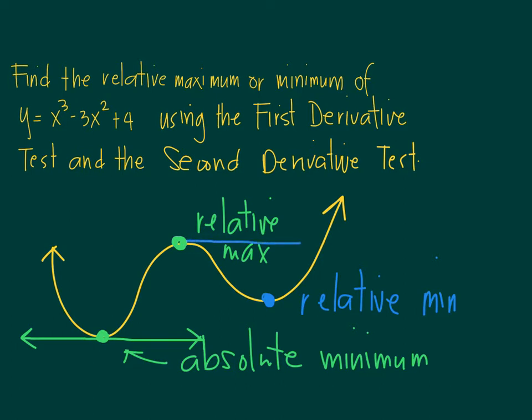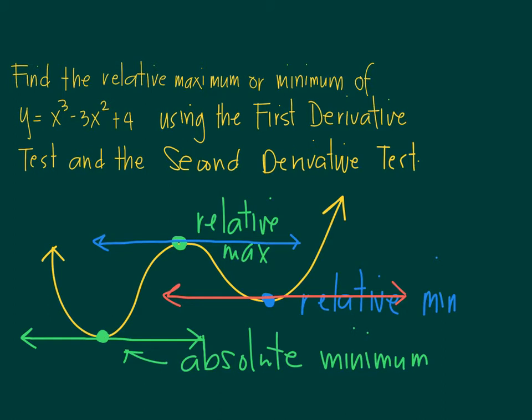Here, it's also a horizontal line, and on the third, the tangent line is horizontal. And again, going back to the concepts of lines, when the line is horizontal, the slope of that line is 0.